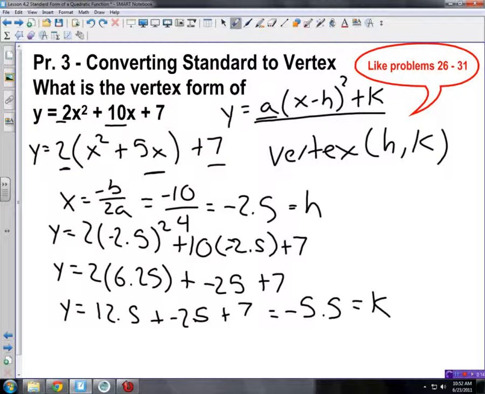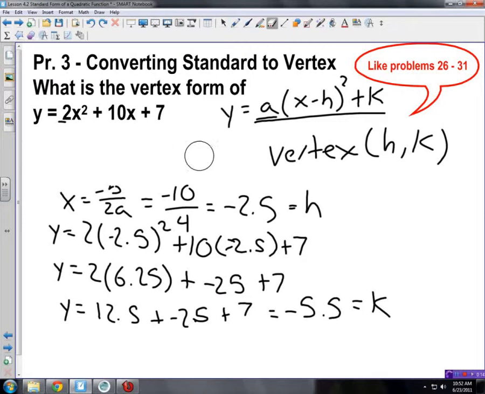All right, I'm going to clear some room here. Kind of made a mess right there, so let's clean that up. And we have our a value, which stays the same, so I'm going to have 2. x minus h was negative 2.5, so that's going to be plus 2.5, squared, plus k. Well, k was a negative 5.5, so I'm just going to write minus 5.5.